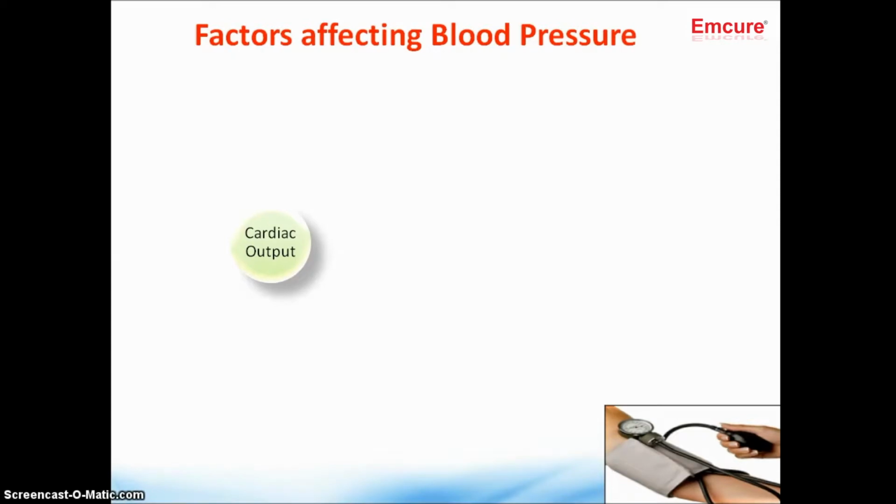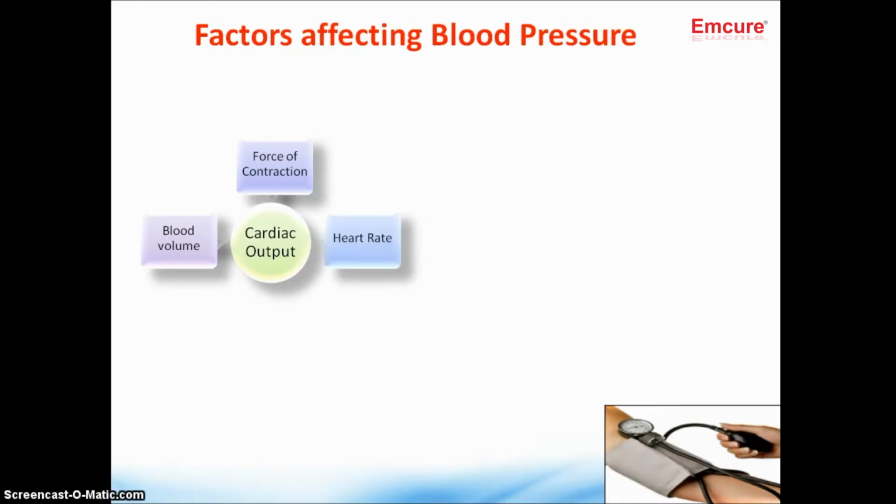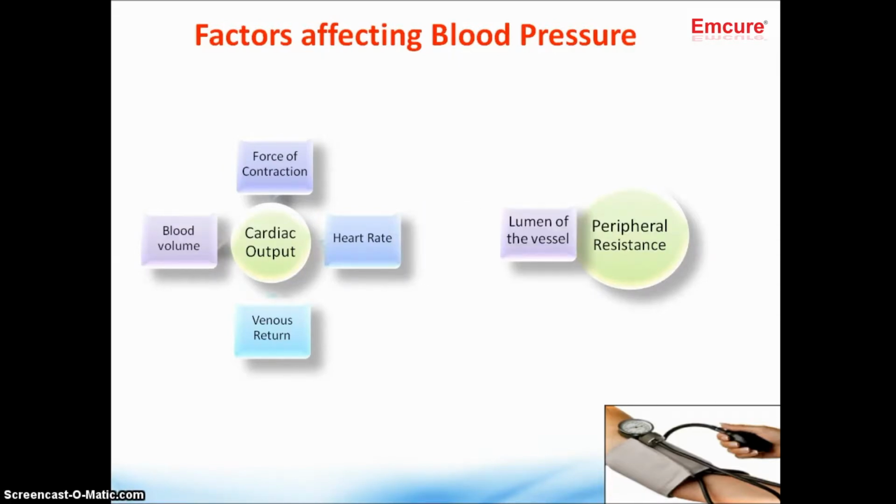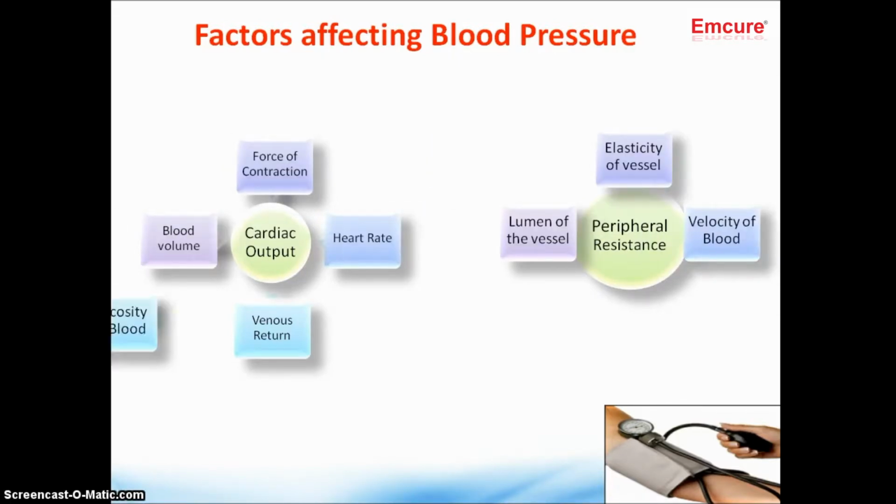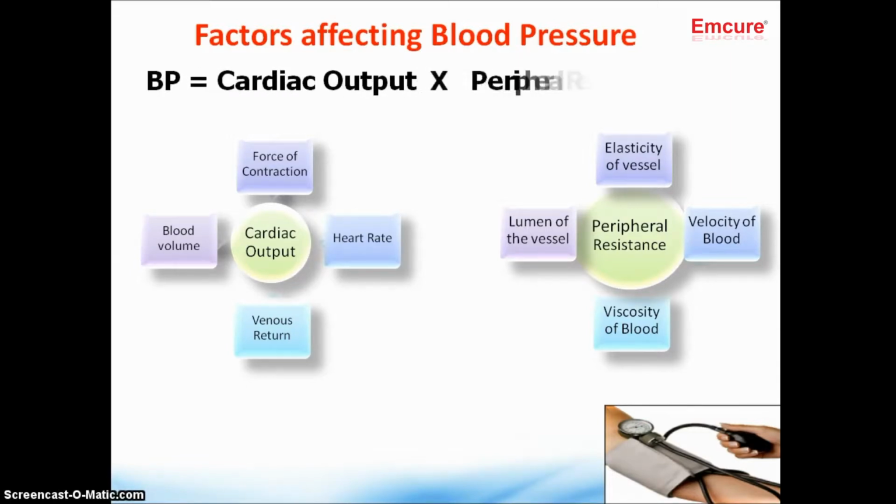Now, what are the factors which affect the blood pressure? So, there are certain factors which are responsible for the cardiac output, and there are certain factors which are responsible for the peripheral resistance. Now, all these account for blood pressure control. So, my dear friends, the equation.